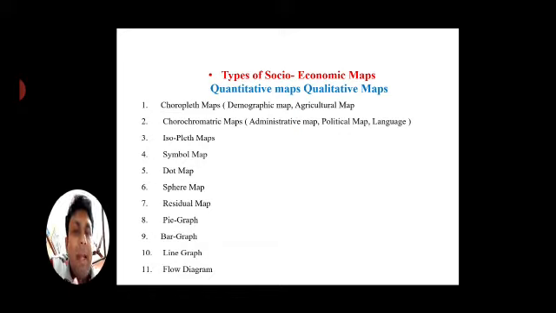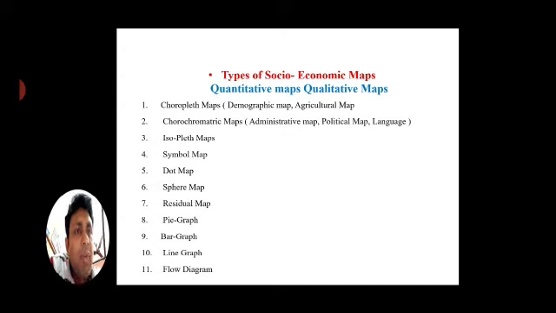Different types of data analysis and formulas we can discuss by graphical representation; that is the quantitative map.